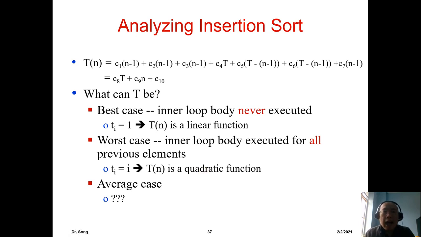So let's assume that in the average case, instead of shifting all the sorted portion to the right side, we shift half of the sorted portion to the right side. So in this case, it is still quadratic.